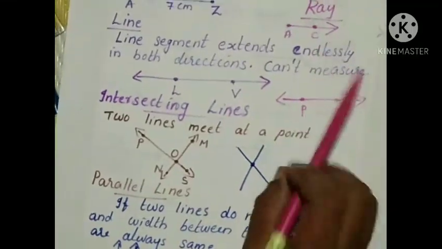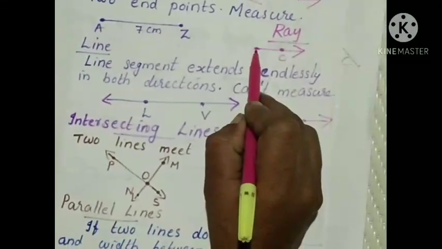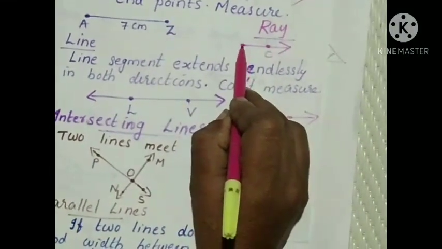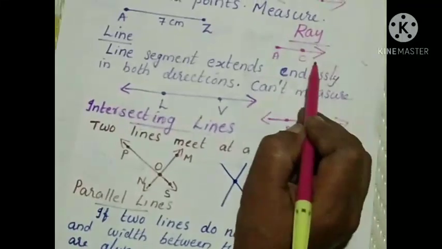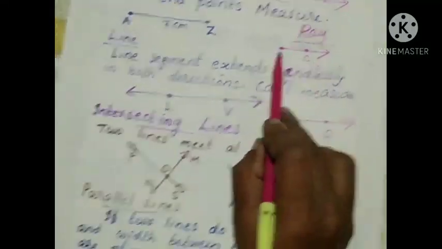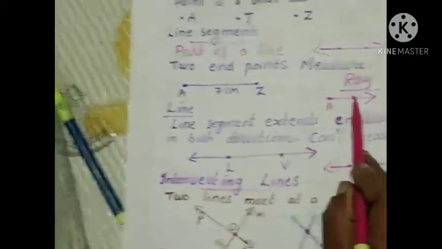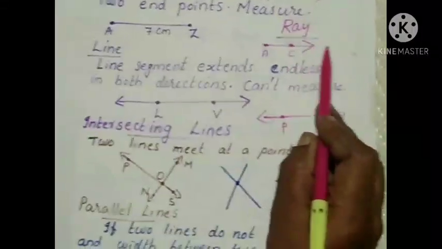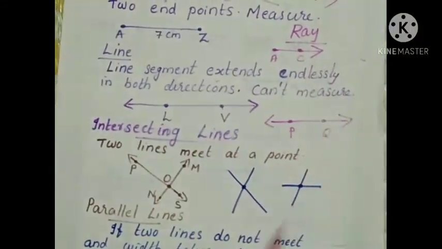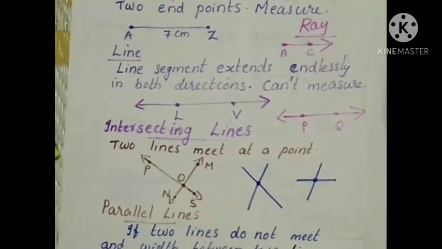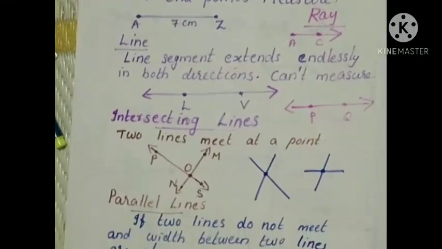Next, a ray. A line segment extends endlessly in one direction only. This is a line segment. It extends endlessly in one direction. You will get a ray. Can we measure a ray?